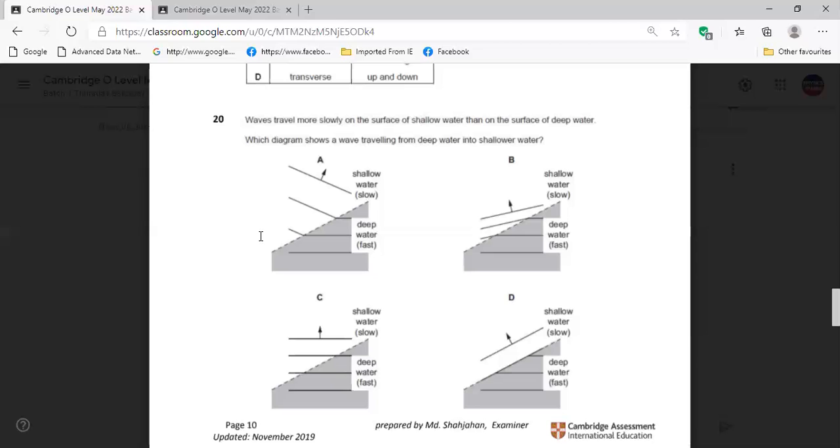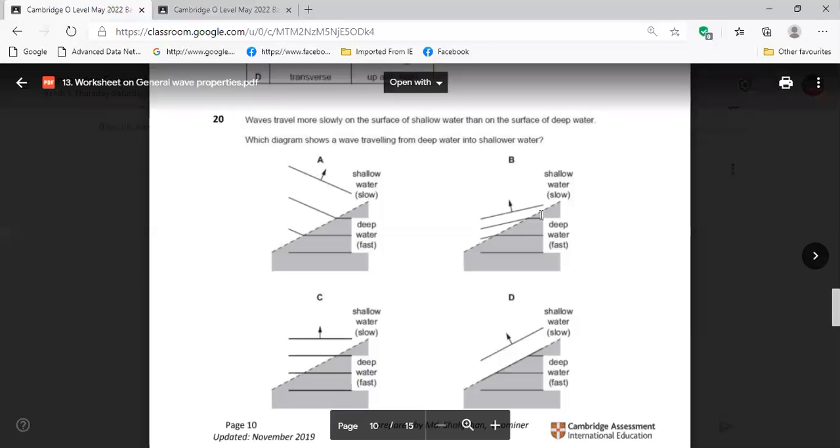In this question, the water wave is going from deep to shallow, right? So if it is going from deep to shallow, what will happen? Sir, the wavelength will decrease. Yes, the wavelength will decrease. So it's happening here, right? Yes, sir. Wavelength decreases, how will we understand?